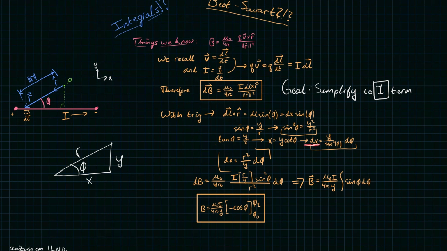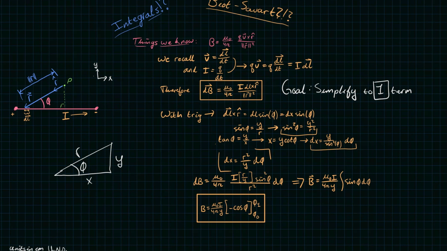So the derivative of that, dx, since we have a dx term or a dl term up here, is going to be y over sine squared phi. I think if you look it up, it's going to be cosecant squared of phi, but cosecant is 1 over sine.